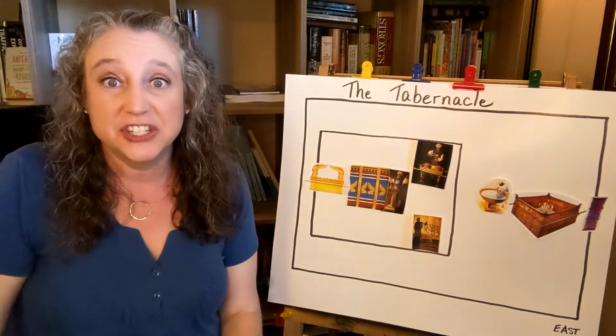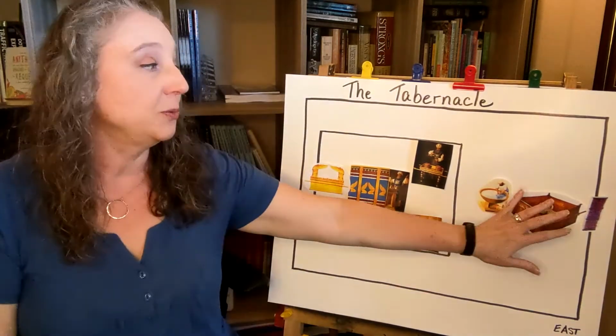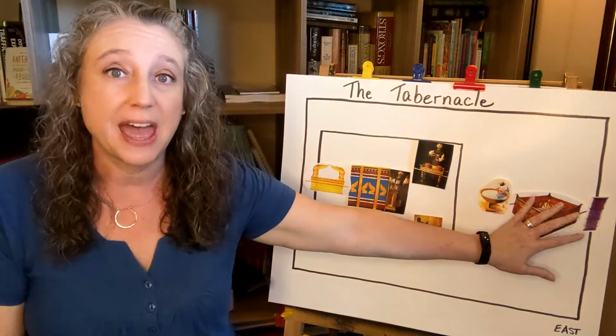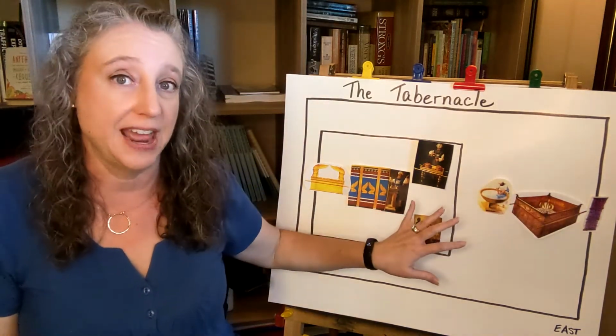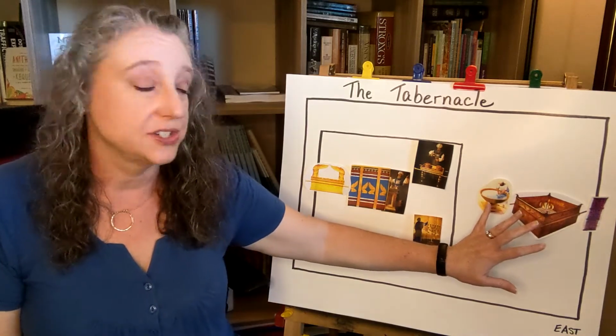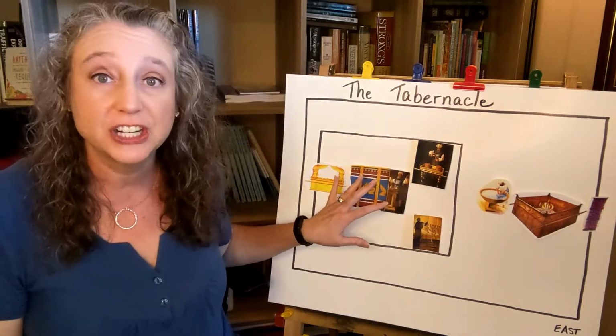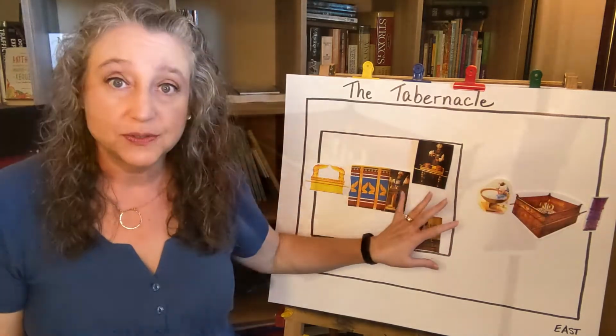So as you teach this lesson, after you've cut out your images, you'll begin to start talking about the different parts of the tabernacle. And in that lesson online at futureflyingsaucers.com, it goes into every piece of the furniture and what it was used for.